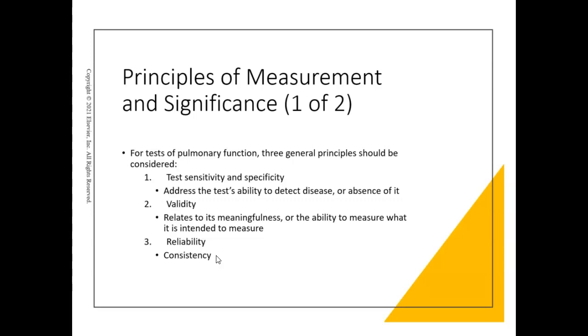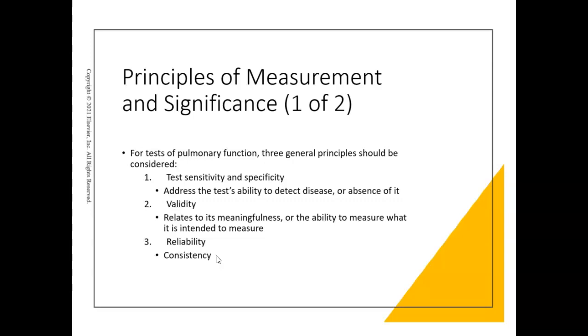We ensure our test validity by strictly following procedures and ensuring that the patient is making good effort and performing the maneuvers correctly, and that we've calibrated our equipment. That is how we establish test validity.